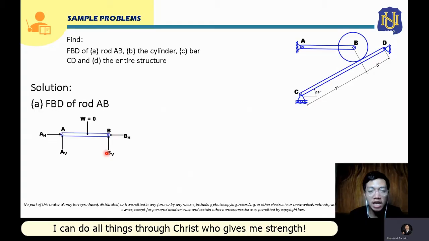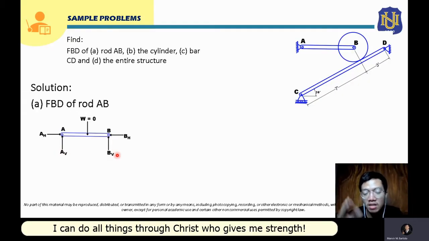Now, we just assume the direction of these reaction forces. Since we know that the weight of a body is always directed downward, AV and BV, which should support the weight of rod AB, should be directed upward.